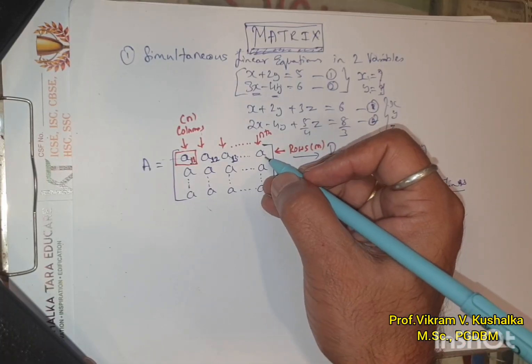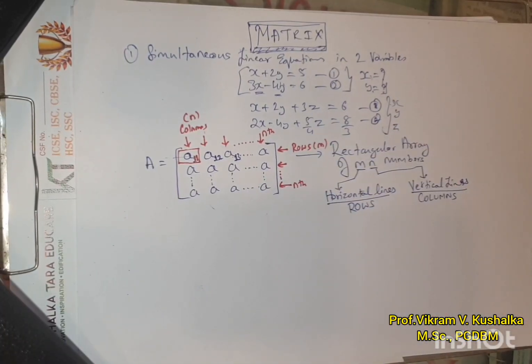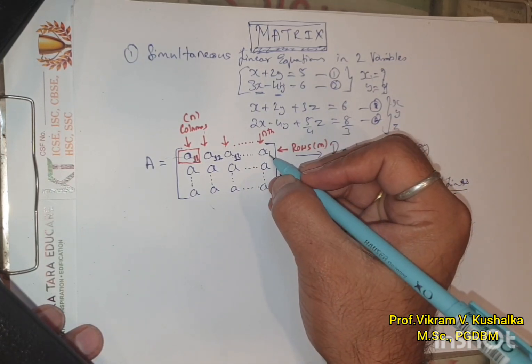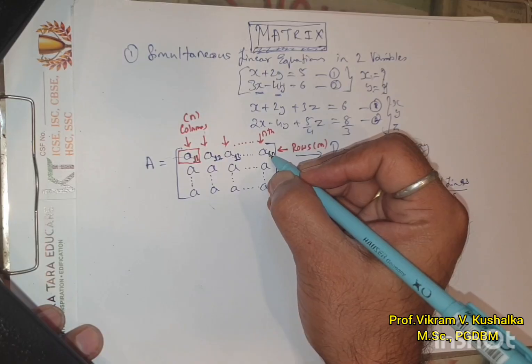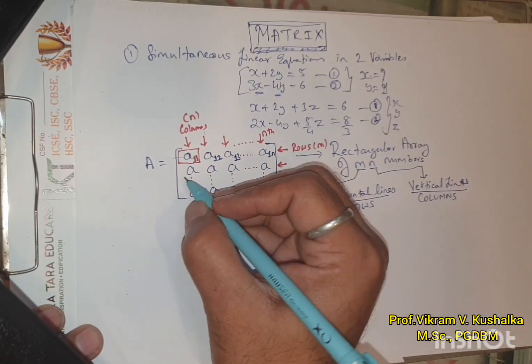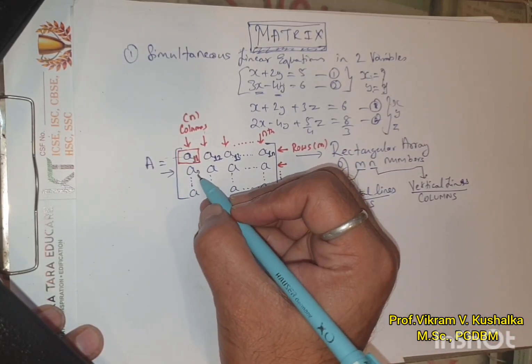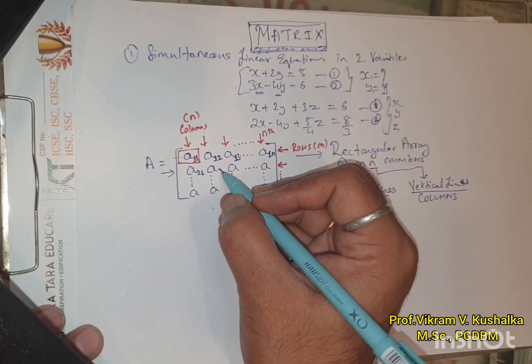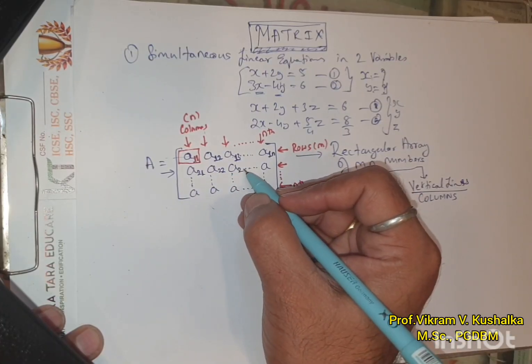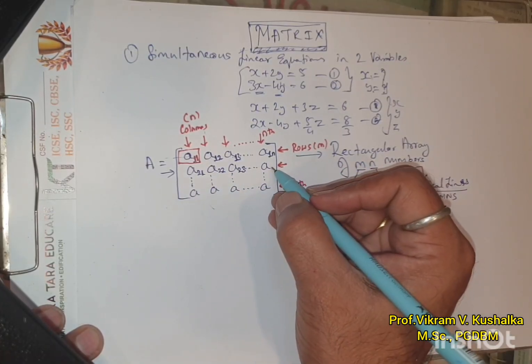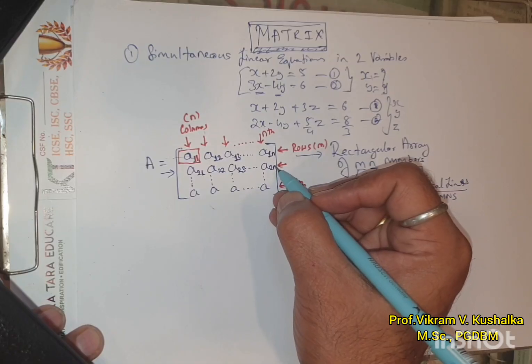And the last one which is present over here, that is my first row and nth column, so I will number it as 1n. This is my 1n. Same way when I go for second row, this is second row, first column, second row, second column, second row, third column, and second row, nth column.